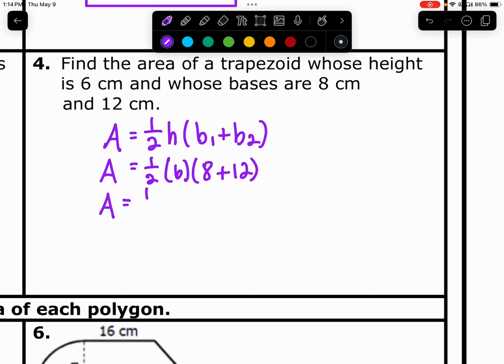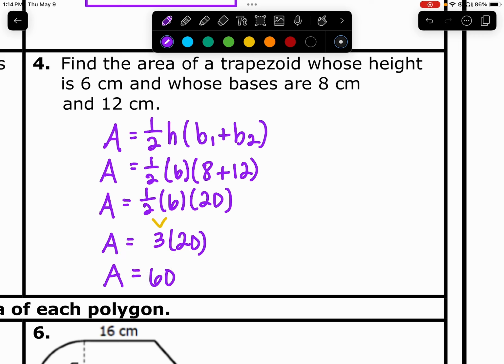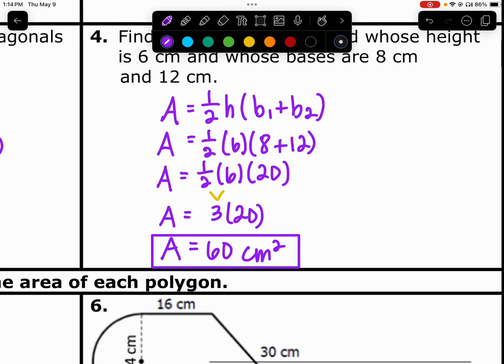So we're going to follow PEMDAS and do parentheses first. And we can see here that 6 times 1/2 is 3. And 3 times 20 is 60. Again, this is area, so that'll be square units, and the units are centimeters.